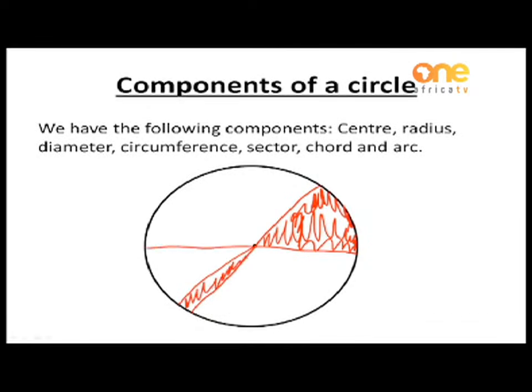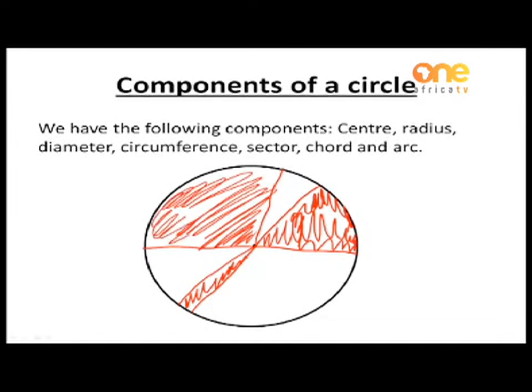Could even be really big, so this. One way I like to think of a sector is imagine your circle as a pizza. A sector would be a single slice.